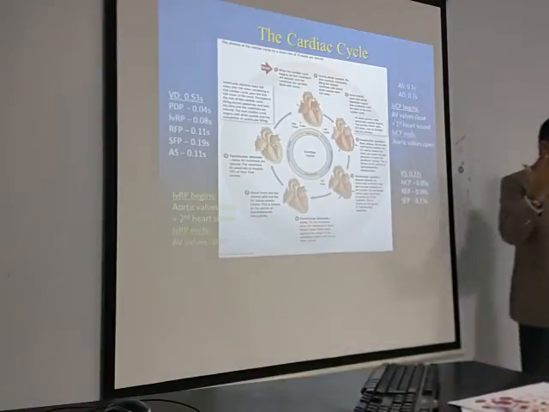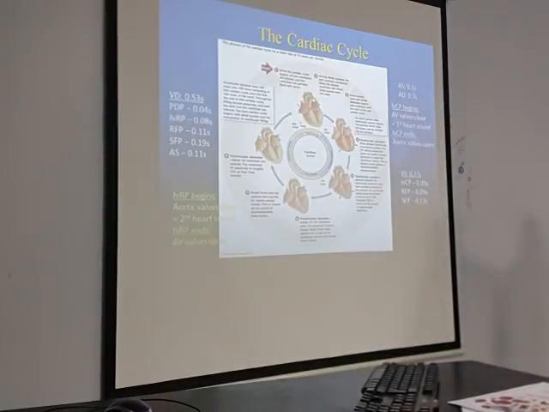So remember the durations. Atrial systole, 0.1. Atrial diastole, 0.7. Ventricular systole, the phase of contraction, 0.27. Ventricular diastole, 0.53. Another thing that will help you in remembering these figures is that the overall duration of contraction is less than the duration of relaxation for both atria and ventricles.